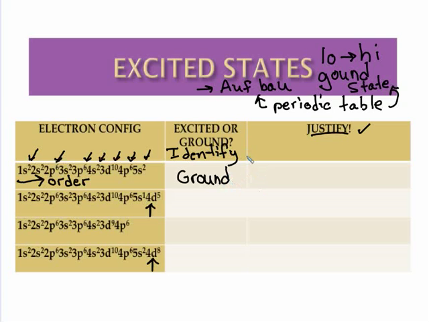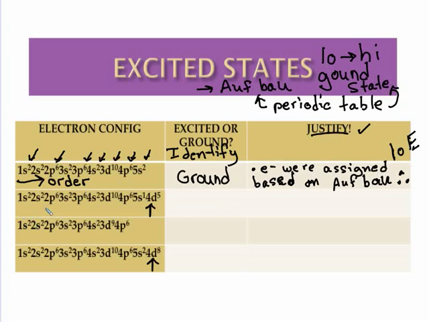So this would be ground state, and to justify, you would want to make a statement that all electrons were assigned based on the Aufbau principle, and therefore they're at the lowest energy. Okay, so put a little, therefore low energy.